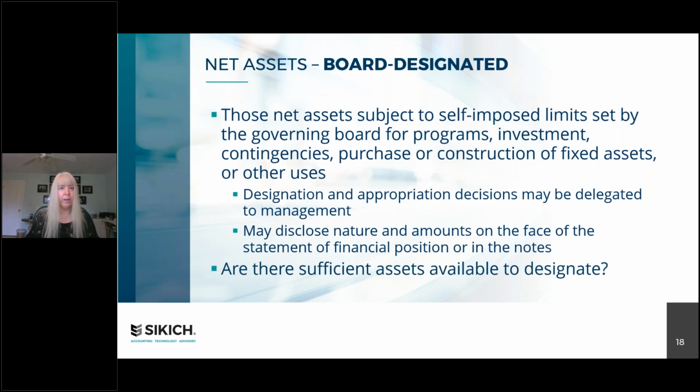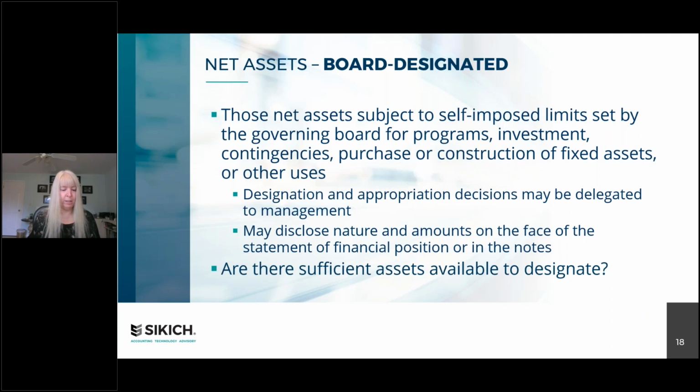They could be for investment, endowment, contingencies or rainy day funds, purchase or construction of fixed assets, or other uses. So we want to make sure that we're disclosing the nature and amounts of board designated net assets, either on the face of the statement of financial position or in the notes.